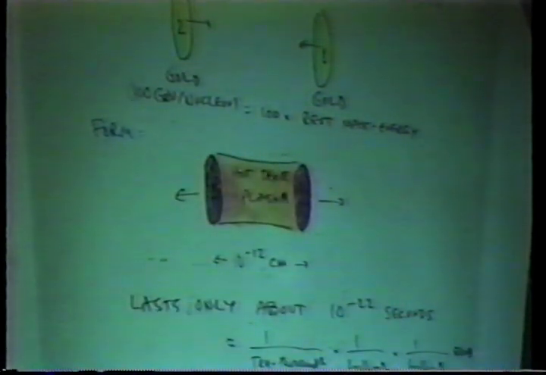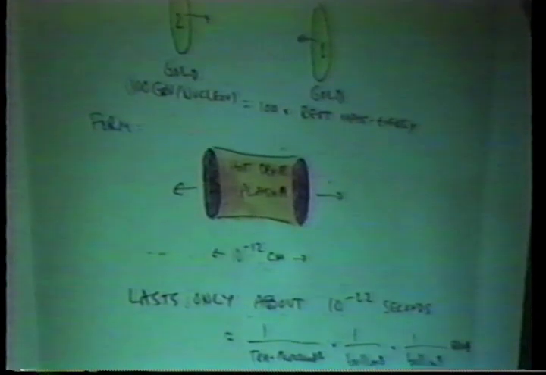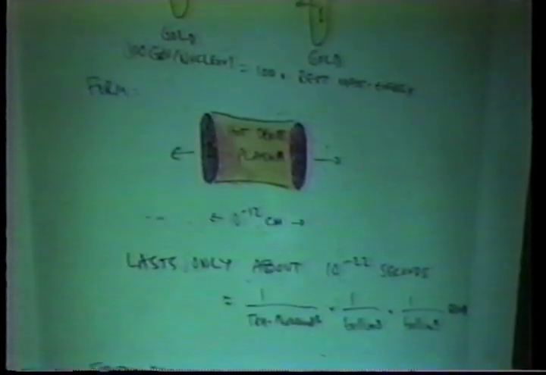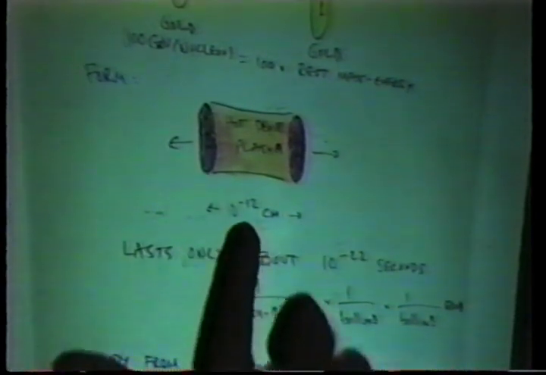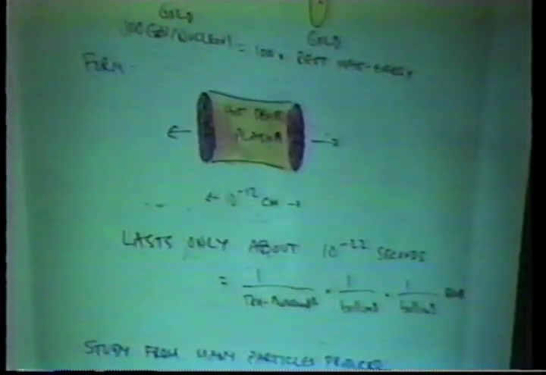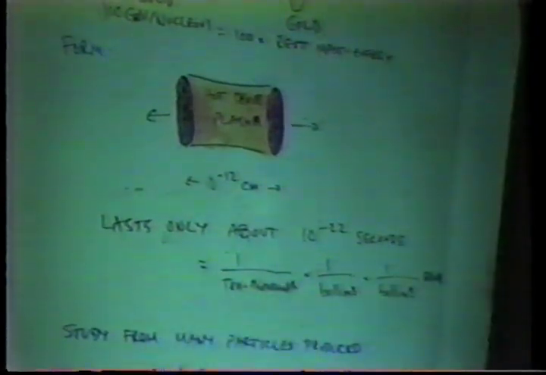Now, there are some difficulties in doing this. One is it's very small. The entire size of this is perhaps 1 part in 10 to the 12th of a centimeter or of an inch. So 1,000 billion of these lined up would be an inch. It doesn't last very long.